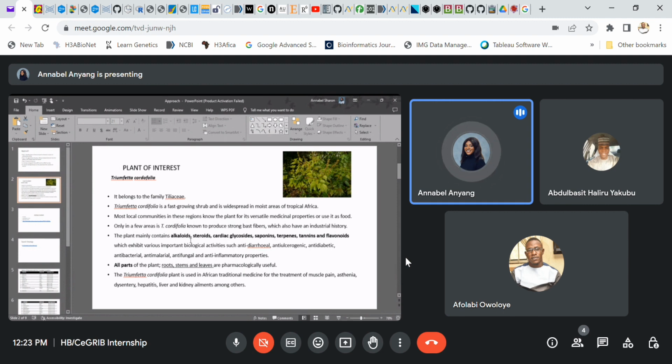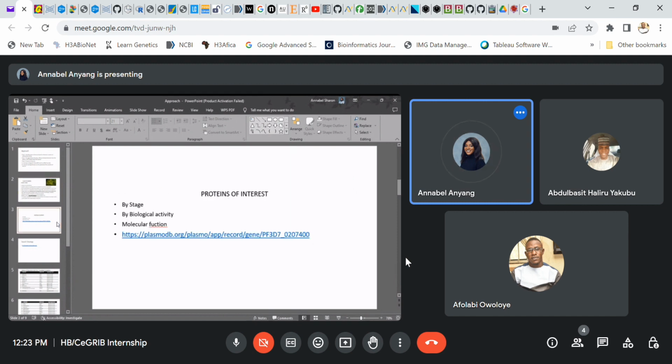One thing of note is that all parts of the plant are pharmacologically useful. Some of the reports I've seen use the flowers, some use the stem, some the bark.